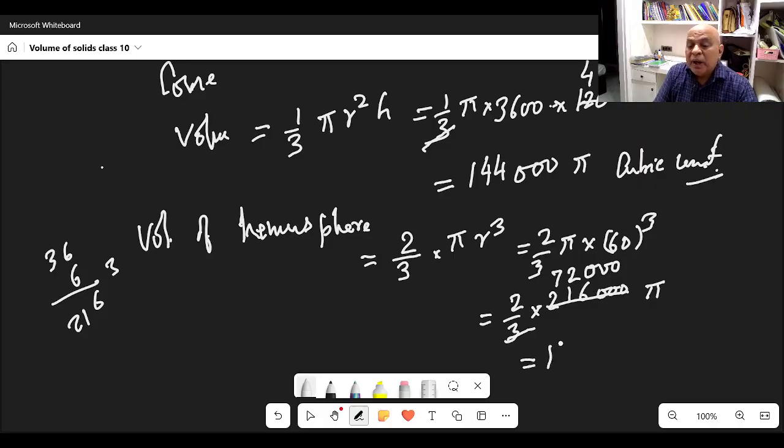This will also be exactly equal, 144 into triple zero pi cubic unit.